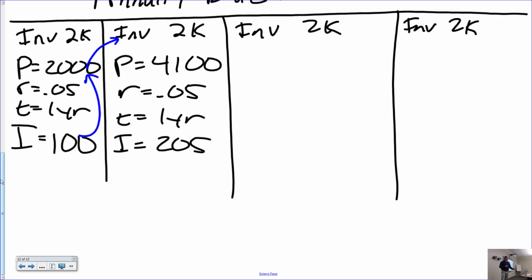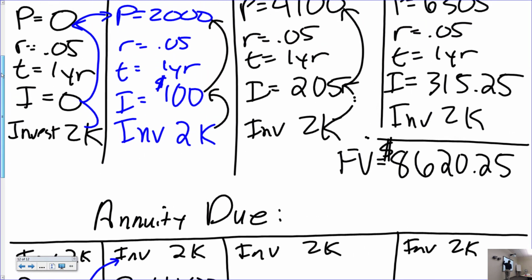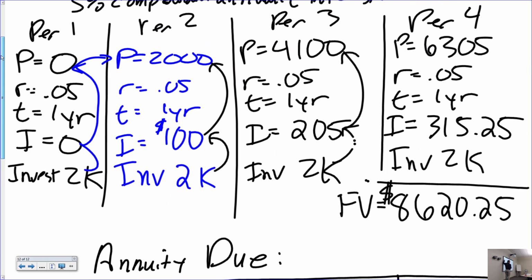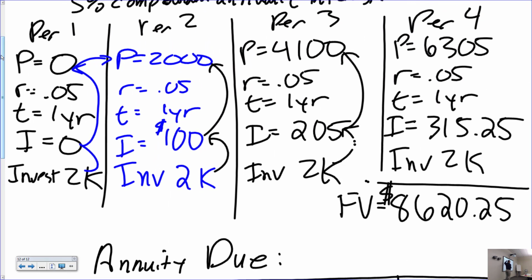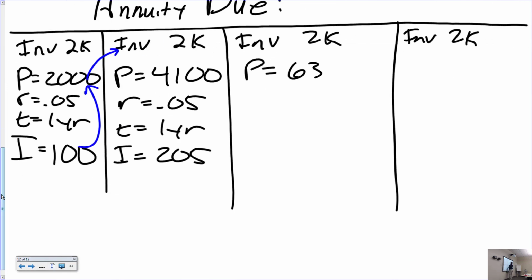And what's going to be the principal in my next period? 6305. And what do you notice up above you? 6305. Period 4, principal 6305.